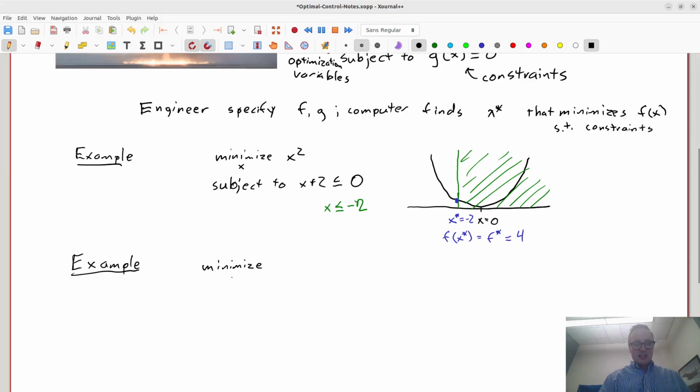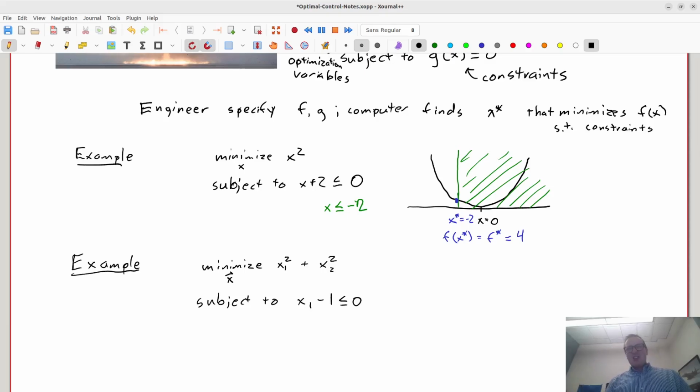So I now have a vector x, and my objective could be, for instance, minimize the first element squared plus the second element squared, subject to x1 minus 1 is less than or equal to 0.